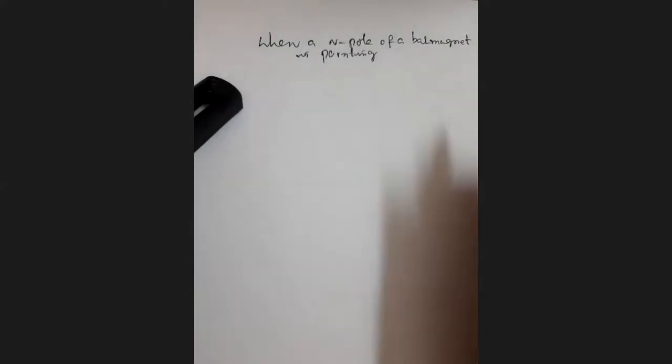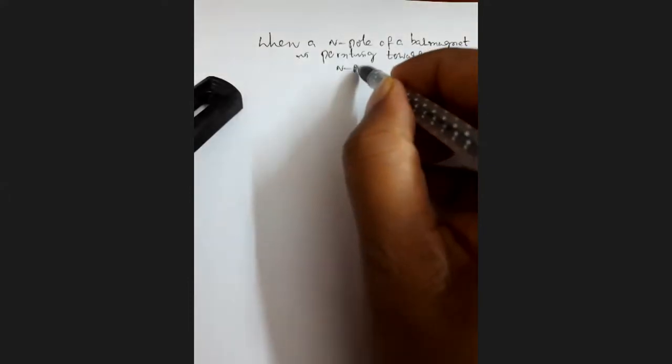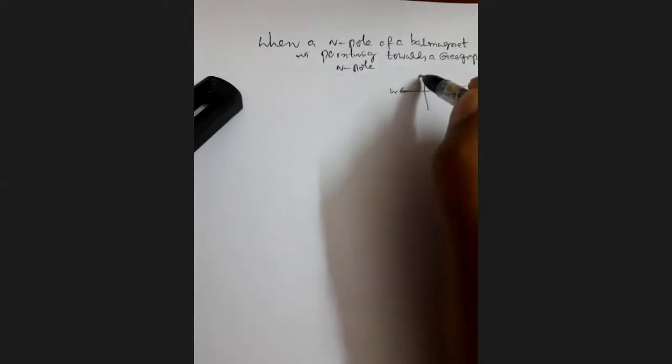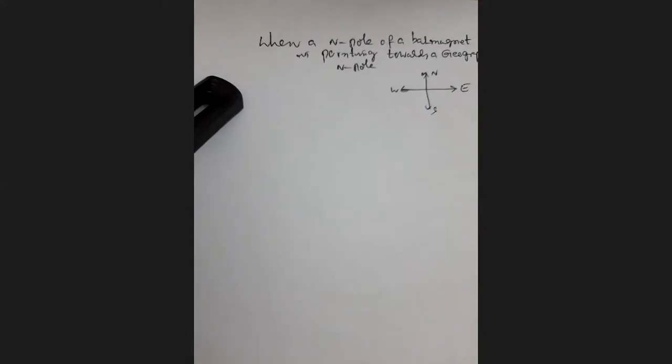Now let us do the second case here. When the north pole of a bar magnet is pointing towards the geographical north pole, right? So here I am showing the directions east, west, north and south, right?